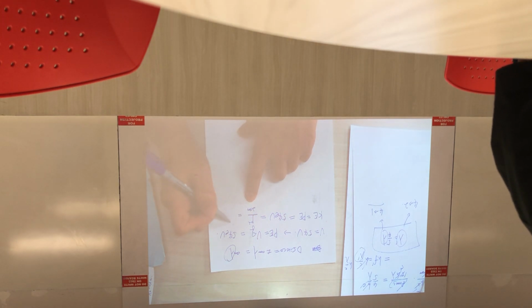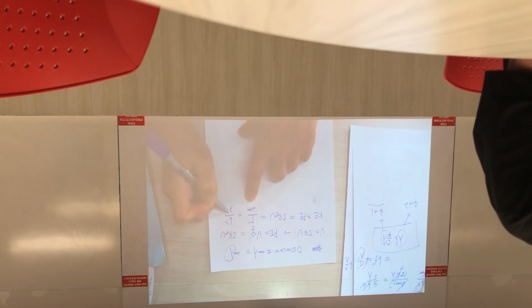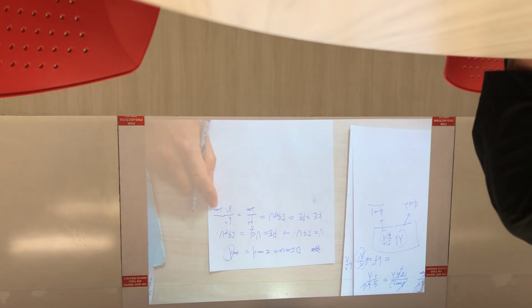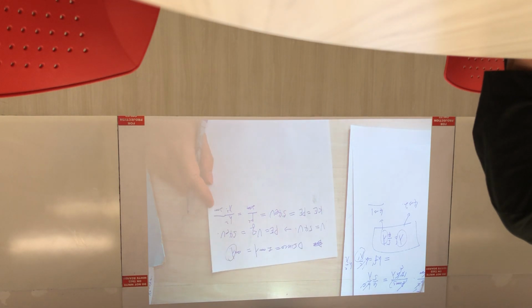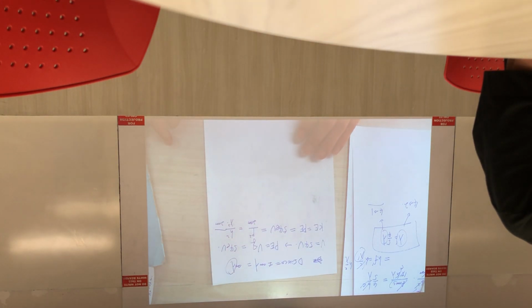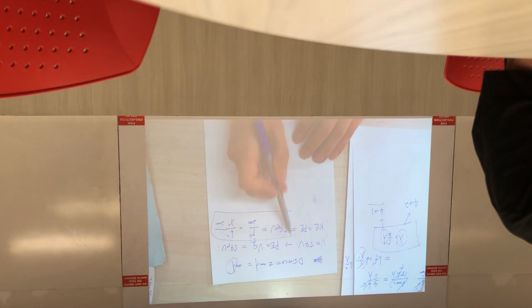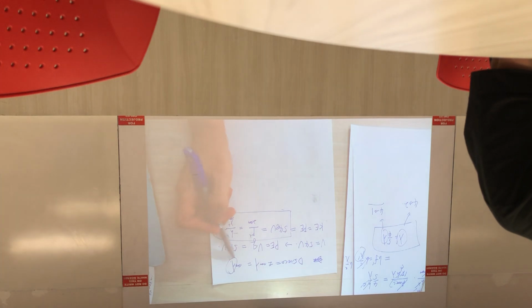So it's going to be h squared over lambda squared times 2m, where m is the mass of the electron. Then we will just solve this for the wavelength, since h and m are constants. So we determine this wavelength.